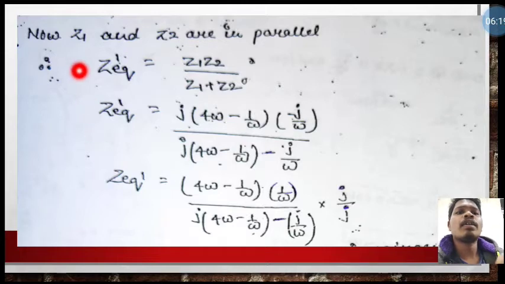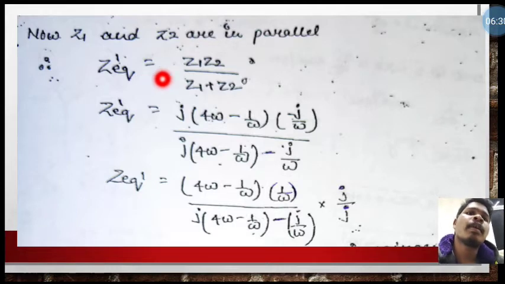Now Z1 and Z2 are in parallel combination. I have already told you in this figure that Z1 and Z2 are in parallel combination. So put the formula of parallel combination here, then you will get Z equivalent is equal to Z1 into Z2 divided by Z1 plus Z2. Put the Z1 value here and the Z2 value here.